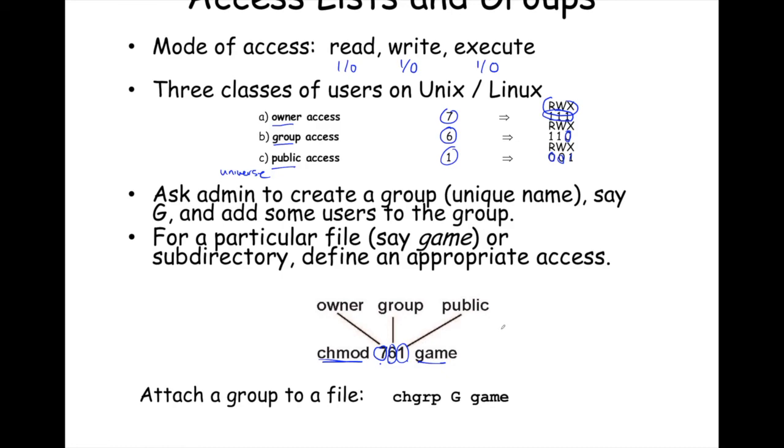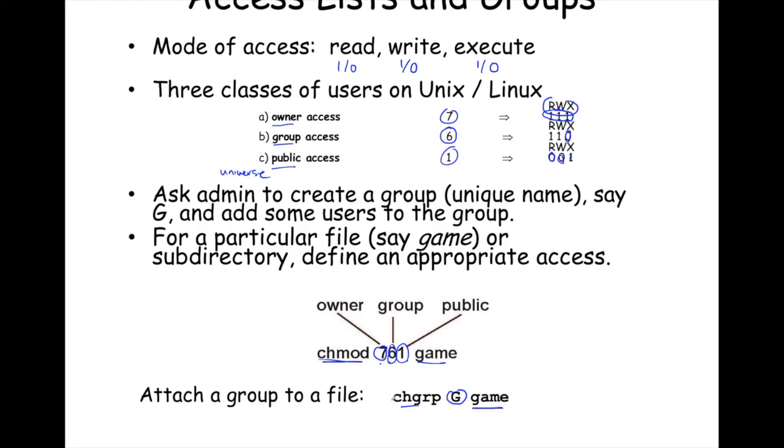You can also attach a group to a file. You define a group to have a bunch of usernames, and you then could change the group of a particular file, game, to be a particular group. And so change group to G that game file.